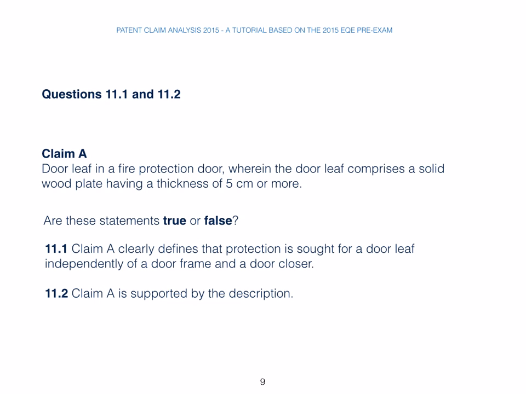Now, to answer this question, you need to consult the description to find out whether the description provides an adequate basis for claim A that we've just seen. Make up your mind whether the statement is true or false. Then we'll turn to statements 11.3 and 11.4, and then we'll come to the answers.